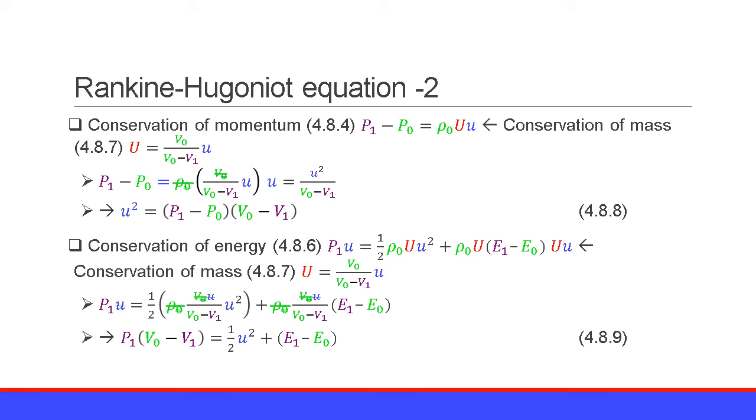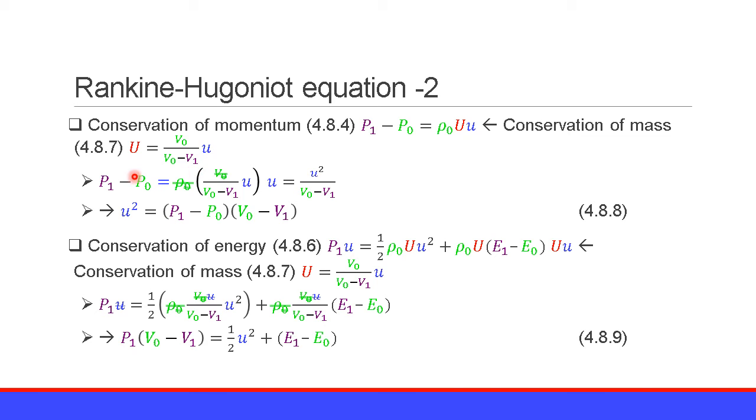Next, the equation of conservation of momentum, 4.8.4: P1 minus P0 equals rho 0 times large U, the shock velocity, times small u, the particle velocity. By the conservation of mass equation 4.8.7, large U, the shock velocity, is equal to V0, the volume before shock, divided by the difference of the volume before and after shock, V0 minus V1, times the particle velocity u.